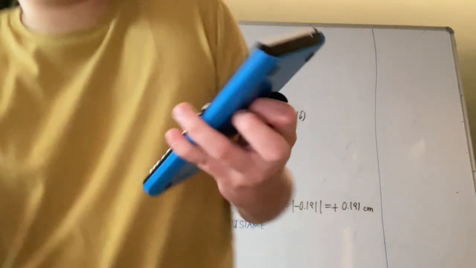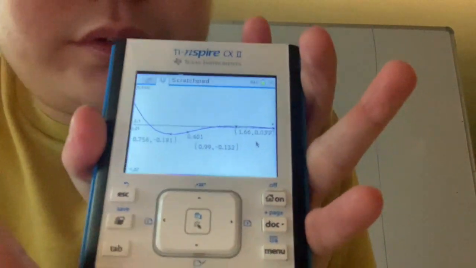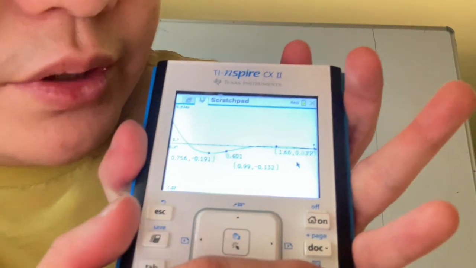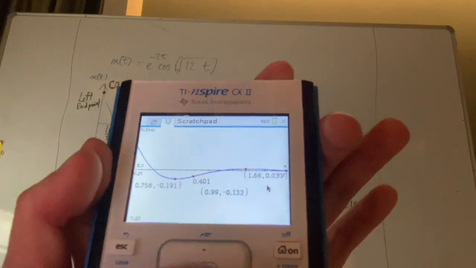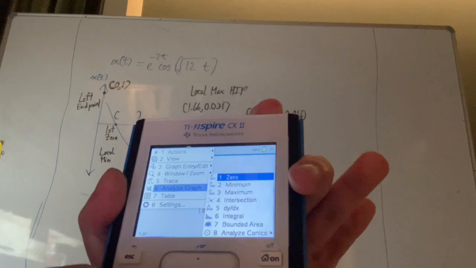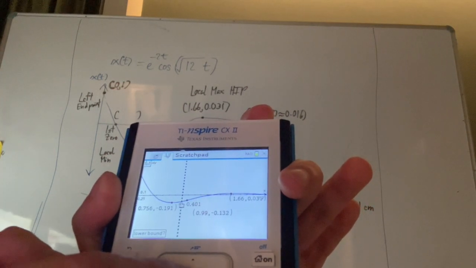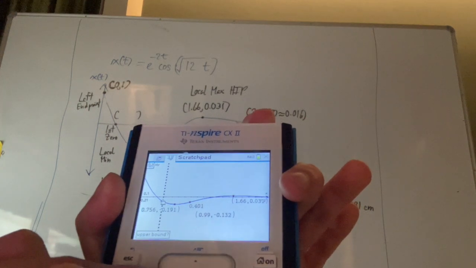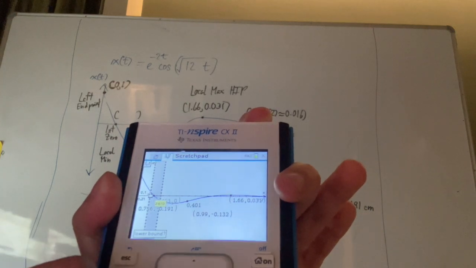Okay, let's go and find out what the zeros are here. So essentially here we go to menu, analyze graph. I go to 0, and I can trace it by here, or really I prefer just moving to the left. Wait, no, I need to undo that.